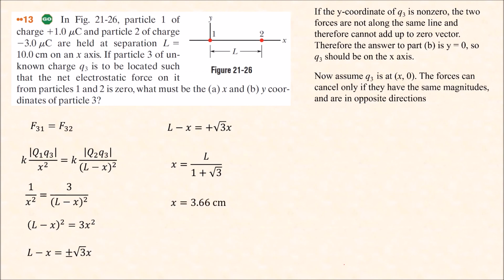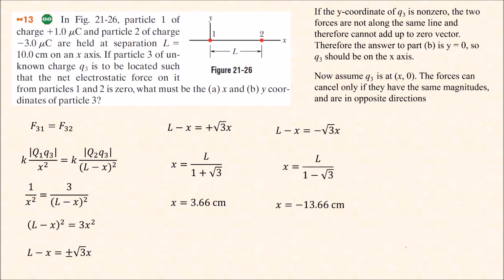So x equals 3.66 centimeters. For negative, you put x to the other side, factor and divide, and you get x equal to L divided by 1 minus square root of 3. So x is negative 13.66 centimeters.